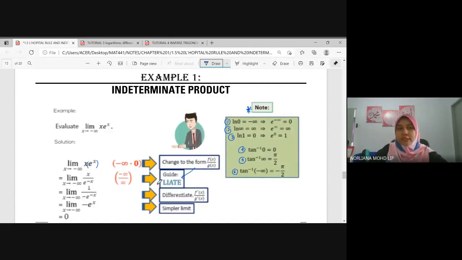We have x, which is algebraic, and it comes first. E is for exponent, so we put the exponent at g(x). So f(x) is x and g(x) is e to the power of negative x.